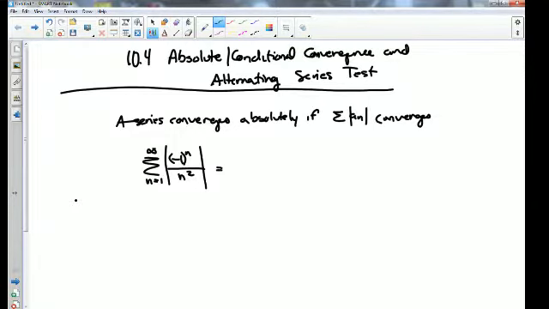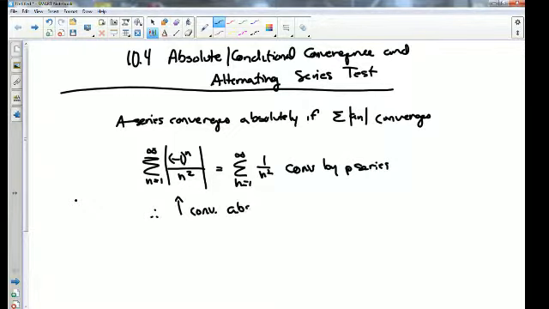Which is the same as 1 over n squared, because you're just taking the negative out, right? Does that converge? Yeah. P series, p is 2, right? Therefore, that series converges absolutely. Okay. So you just absolute value it.